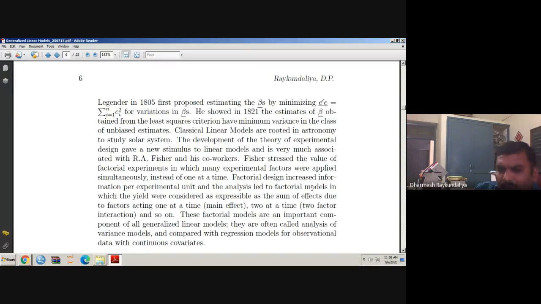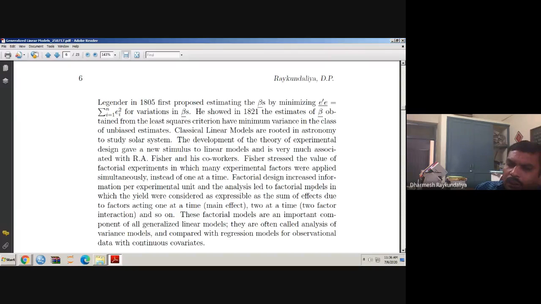But generalized linear models also capture the same thing. In linear regression analysis, you cannot apply it when the response is quantitative but the effect is qualitative. There you have to go for either the design model or the factorial model. But generalized linear models also capture the same thing.